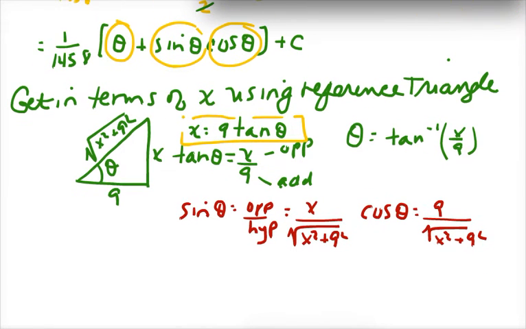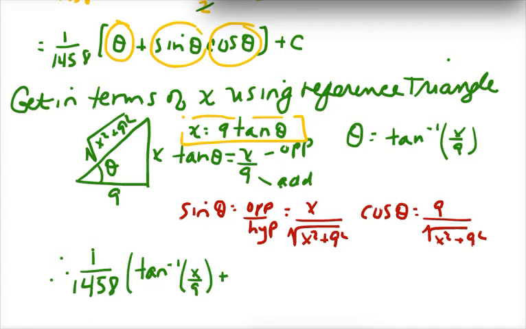Making the appropriate substitutions, we come down with 1 over 1458. Theta is tangent inverse of x over 9 plus sine, which is x over square root of x squared plus 9 squared, times cosine.